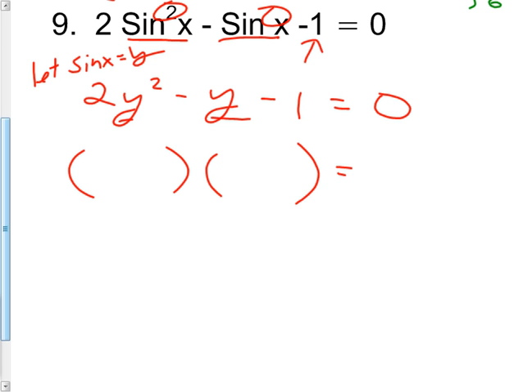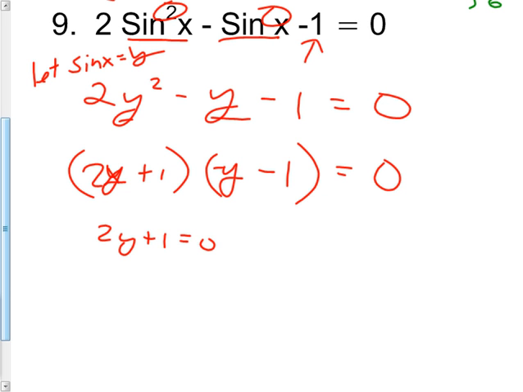It might have taken you a while to factor, but it ends up being 2y plus 1 and y minus 1. And then I can substitute back in and say, all right, I've got to get 2y plus 1 to equal 0. So I can now stick the sine back in for the y: 2 sine x plus 1 equals 0.